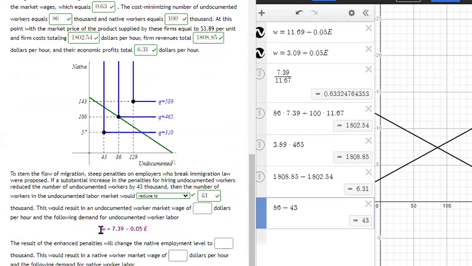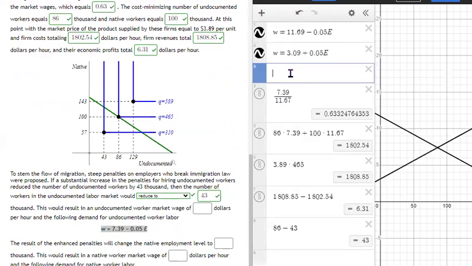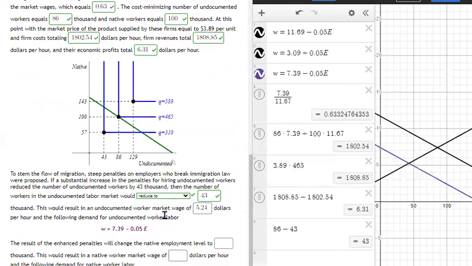And this is that demand curve, 7.39 minus 0.05 E. We're going to copy that and put it up here. So the new market wage is only 5.24, and the employment level is 43.